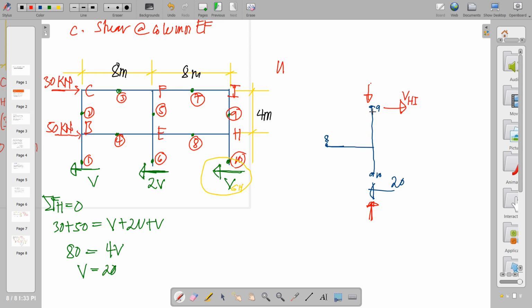When we have a negative sign on our assumption, just leave it and carry it on your equilibrium equation. Just stick to the direction and then carry the sign. Say this is PHI and this is PGH.